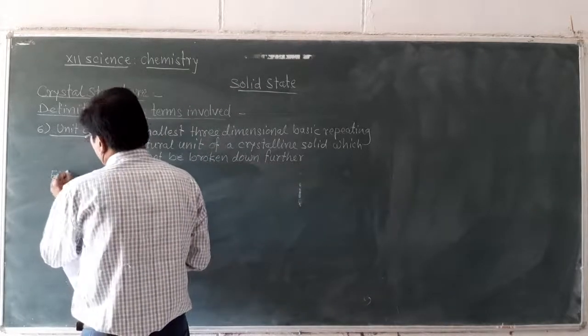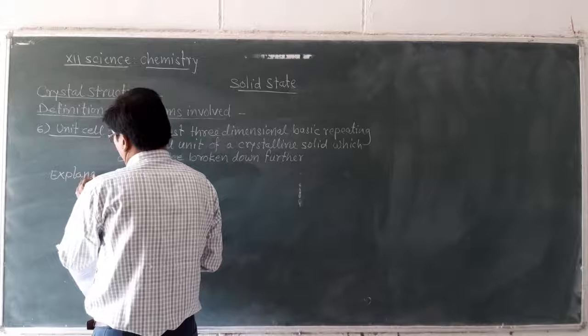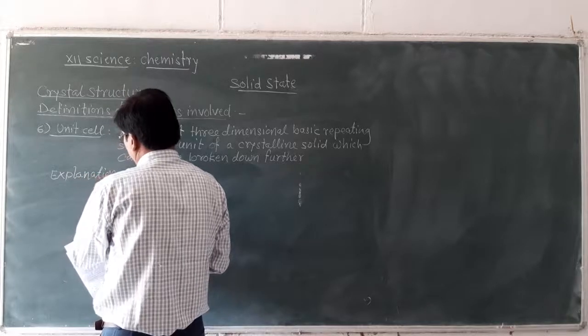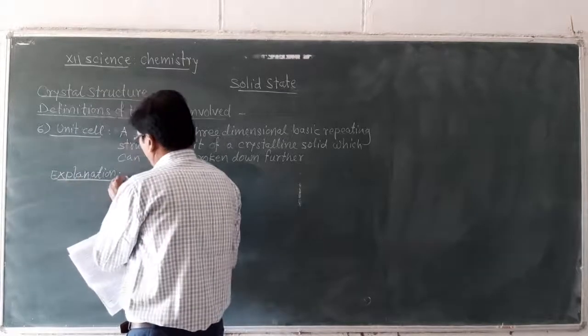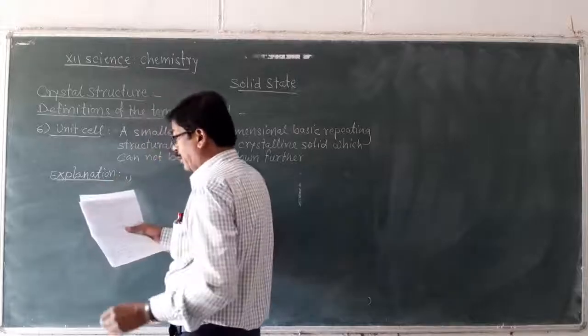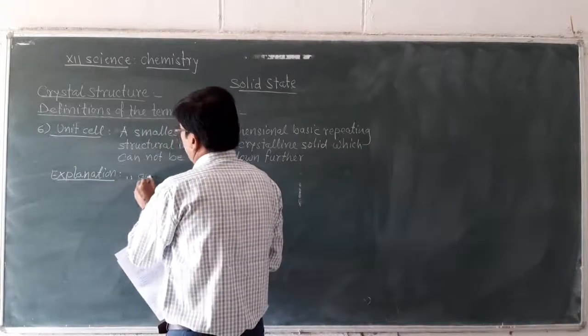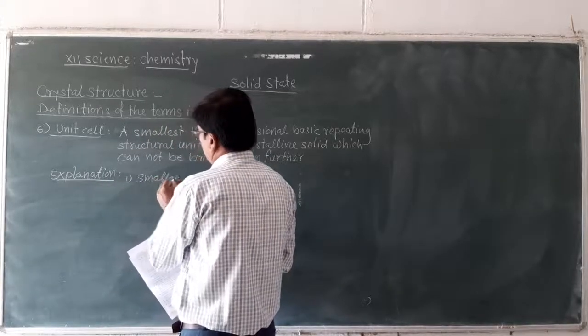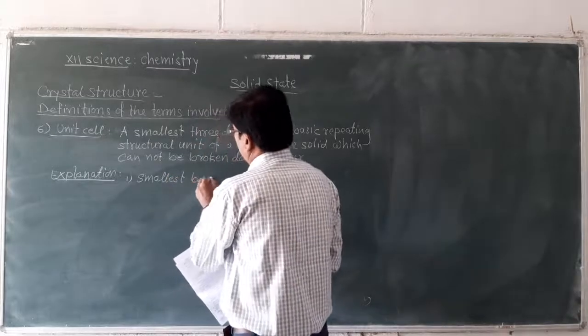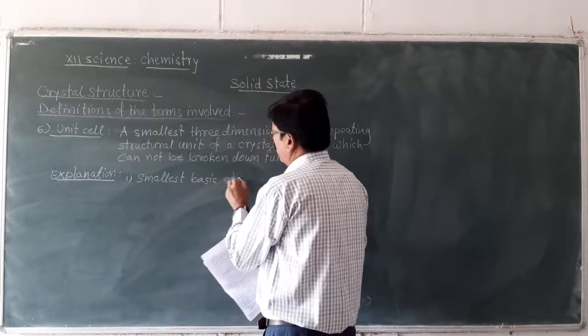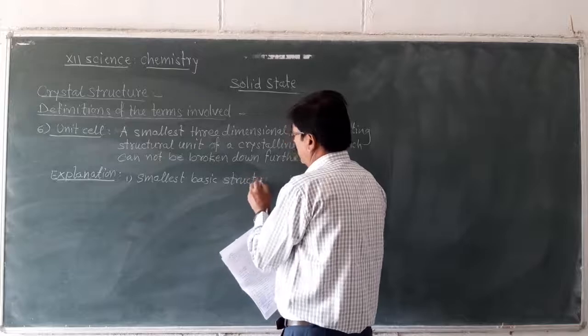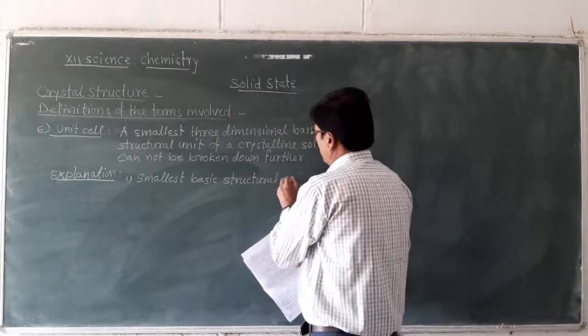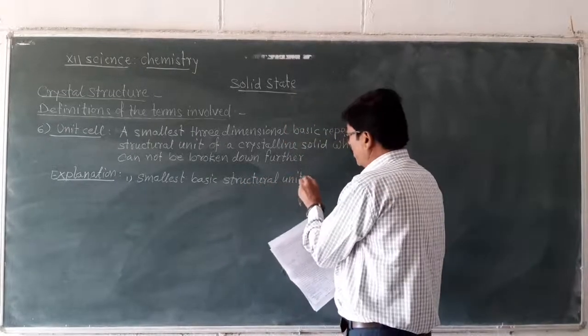Now the explanation of unit cell. First point, it is the smallest basic structural unit of a crystalline solid.